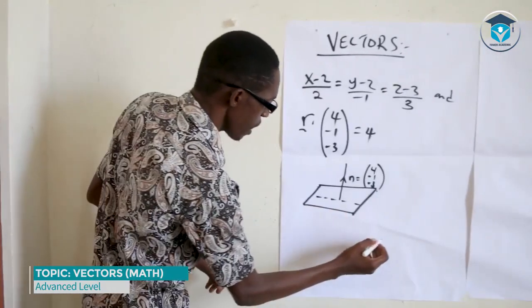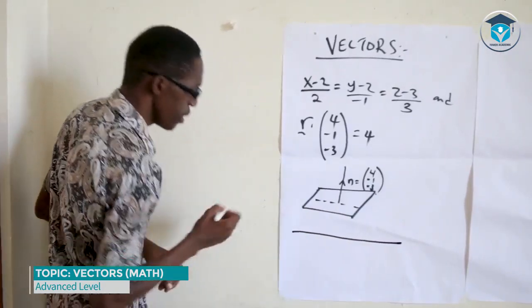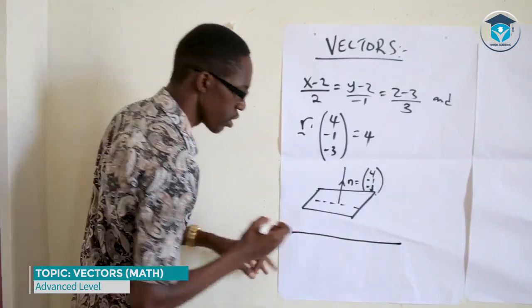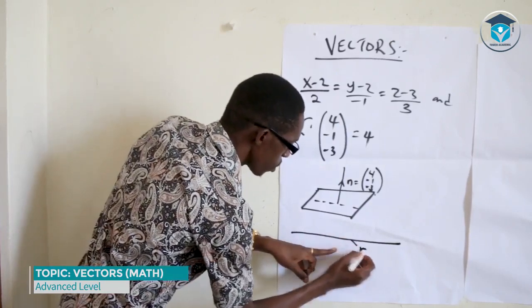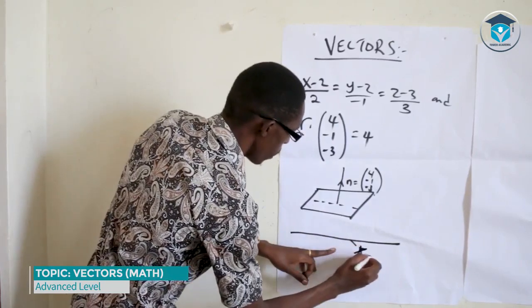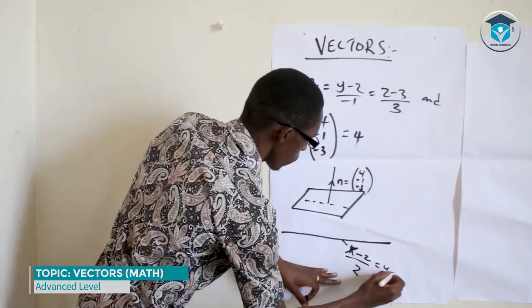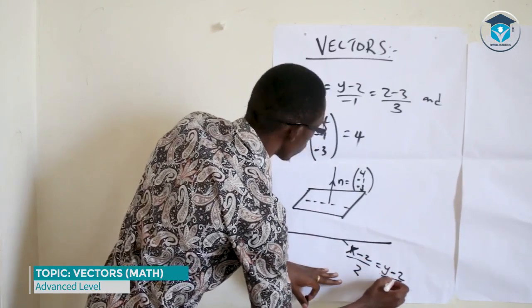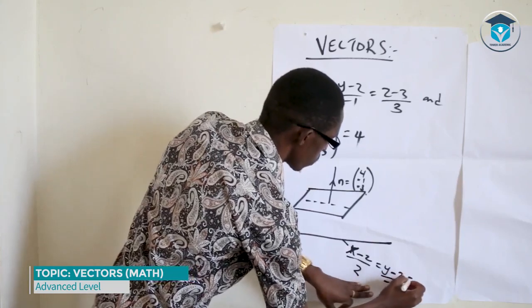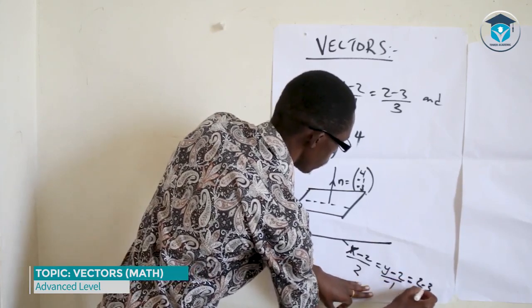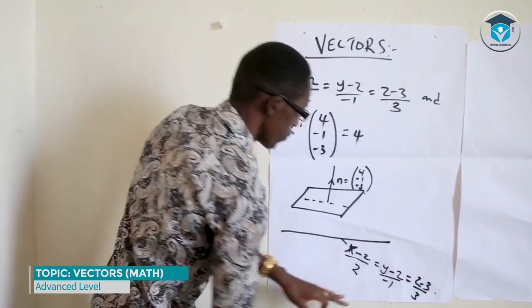They are saying show that they are parallel, so I have to sketch a line in that level. Then I will say x minus 2 over 2 equals y minus 2 over negative 1 equals z minus 3 over 3.